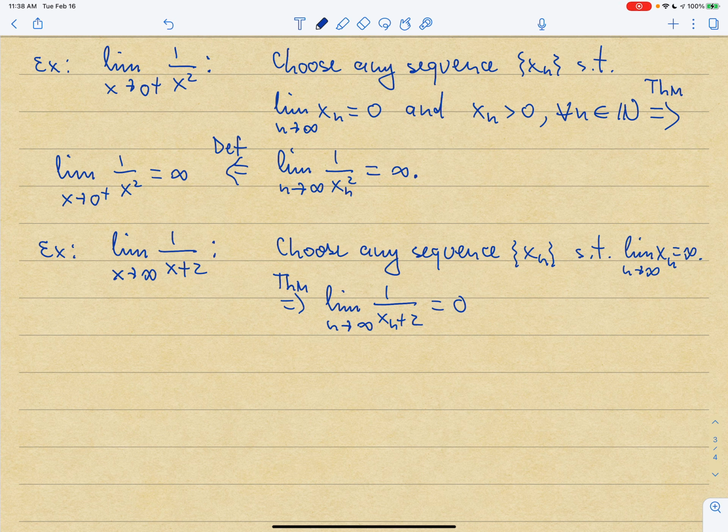And this is true for any sequence like this that goes to plus infinity. And so therefore, by the definition of the limit, as x goes to infinity of 1 over x plus 2, this limit should be 0.